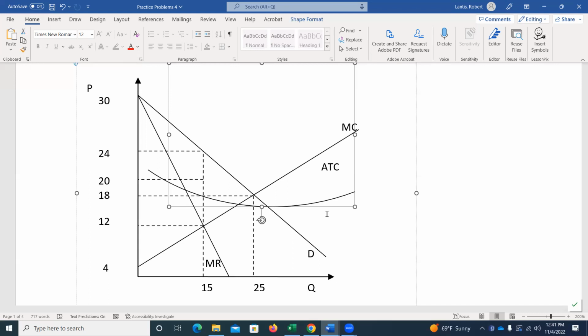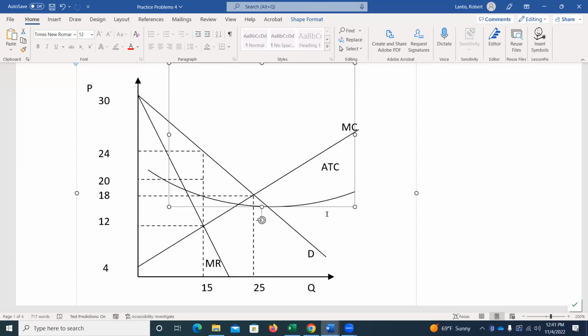Market supply is just adding up each company's individual supply curve. If I now have the same companies I did before plus new ones, I get an increase in supply. What does that increase in supply do? It drives the price down. Now, my marginal revenue curve, we'll call this 2. You're taking notes.